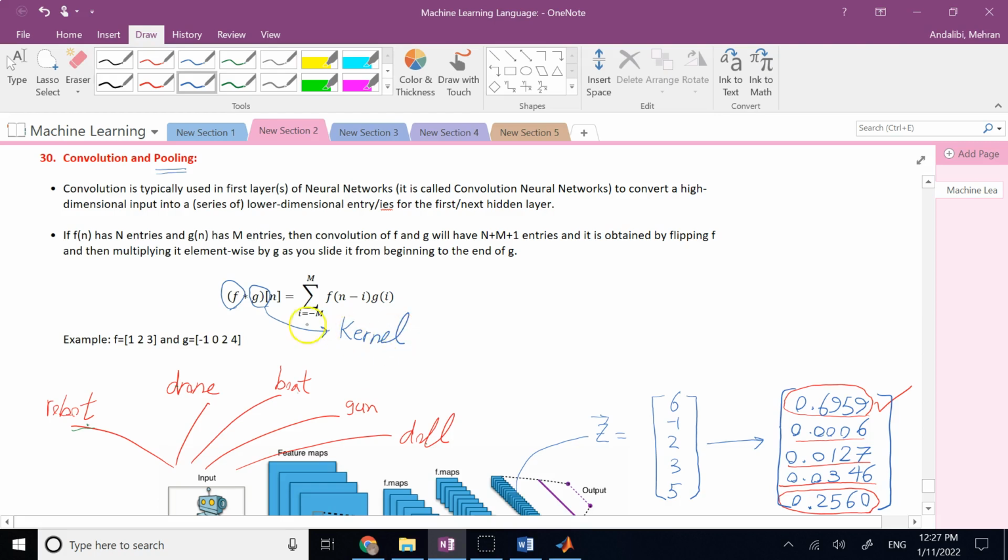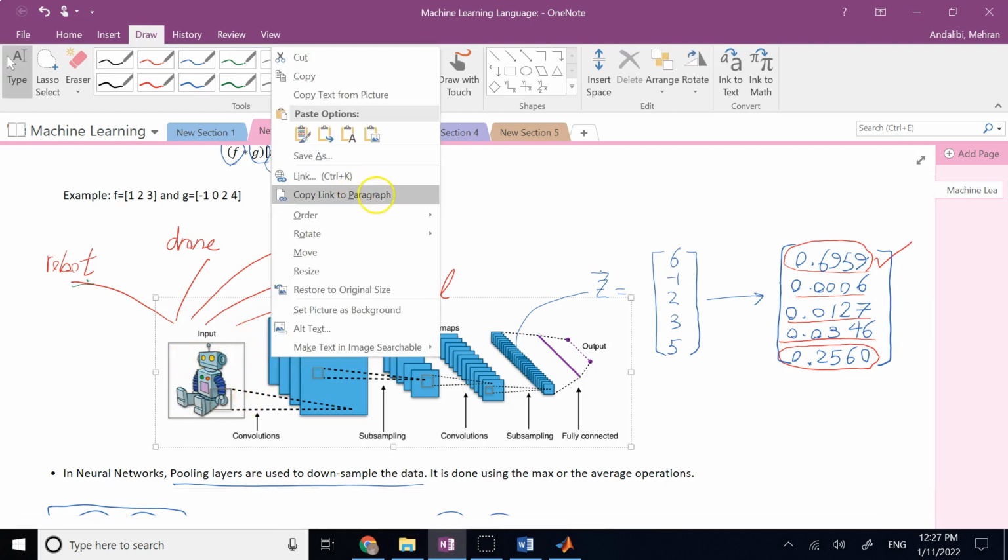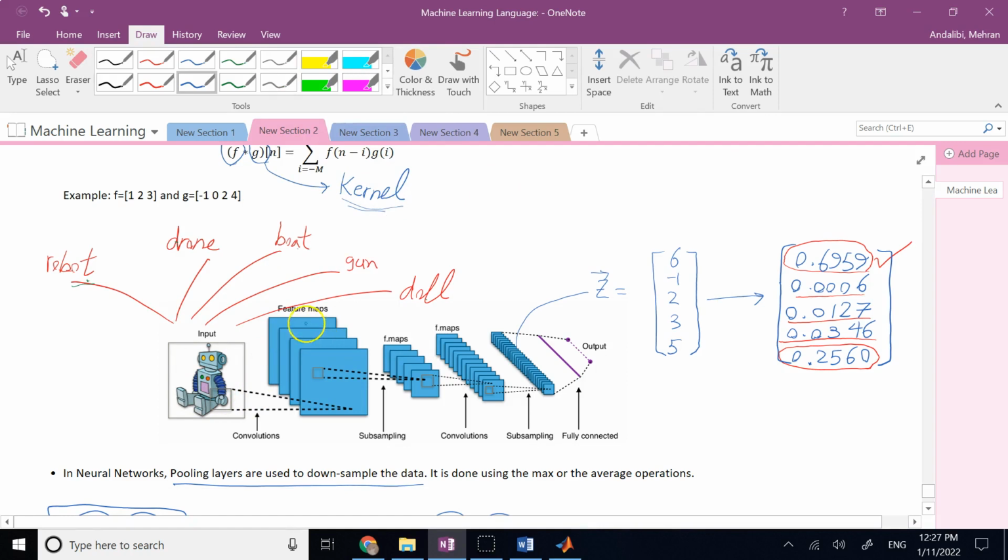Depending on how you define this kernel, the output could have any different size. And the goal of a convolution, for example in a convolutional neural network, is that if I pass an image to it and use different types of kernels, from one image I can generate lots of different values. Then I can apply more kernels to those and get more and more data, and then I can process those data.